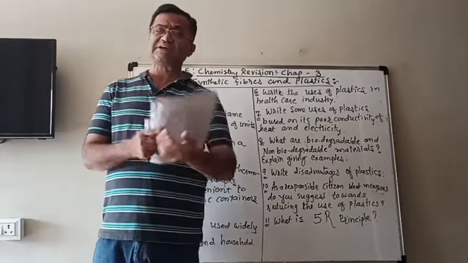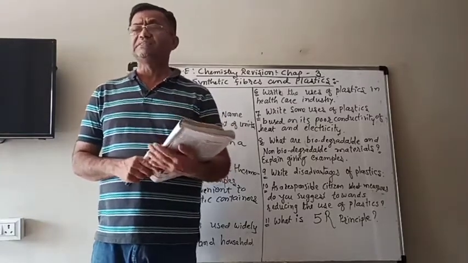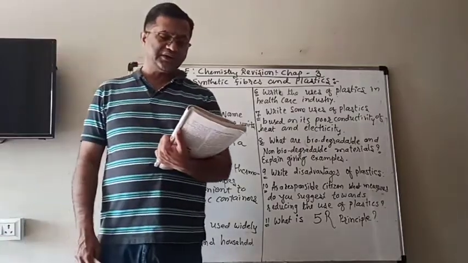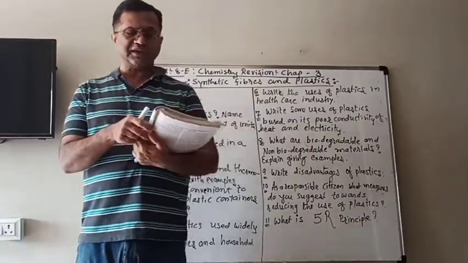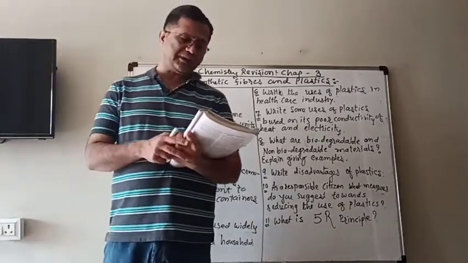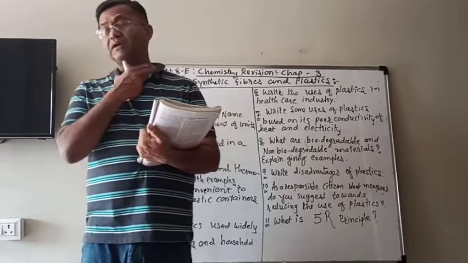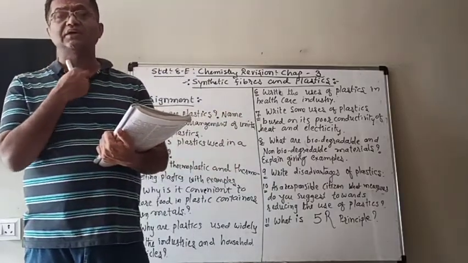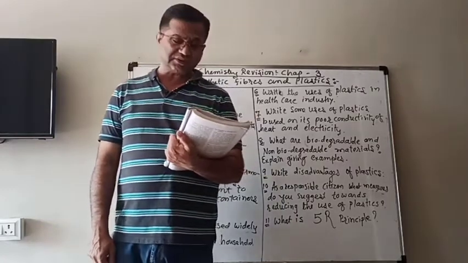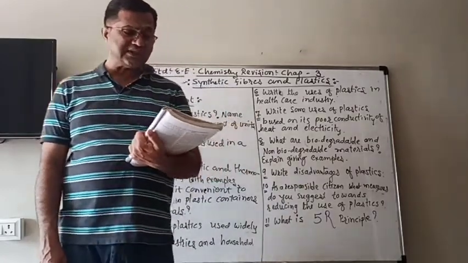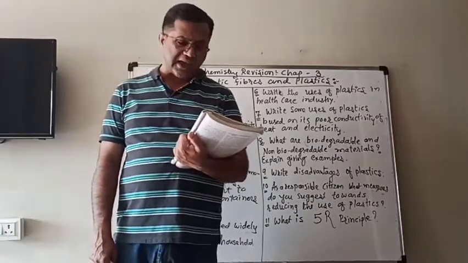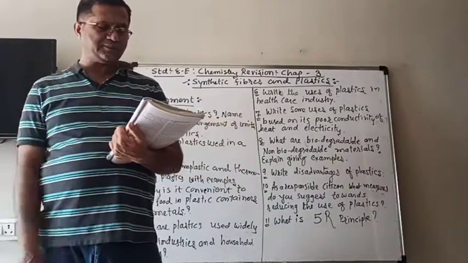Now, plastics are available in different sizes, different colors, different shapes, etc. How is this possible, and why is it so popular? Plastic is easily molded. It means that it can be shaped into any form very simply.